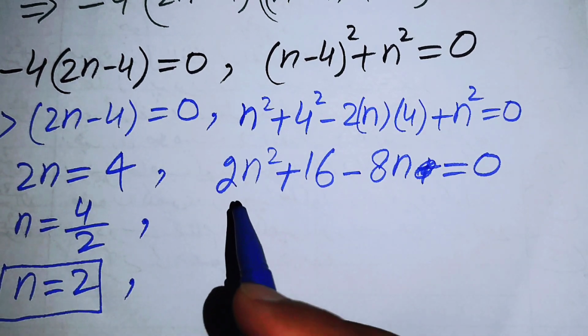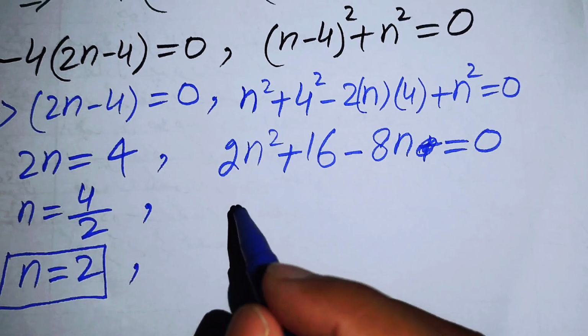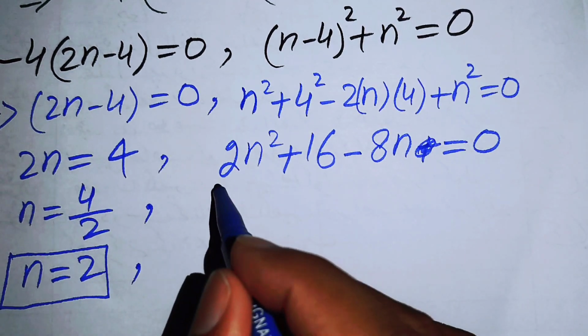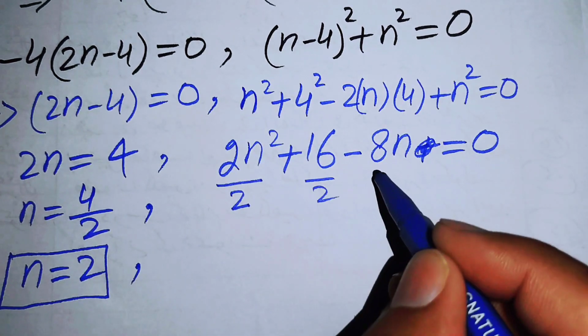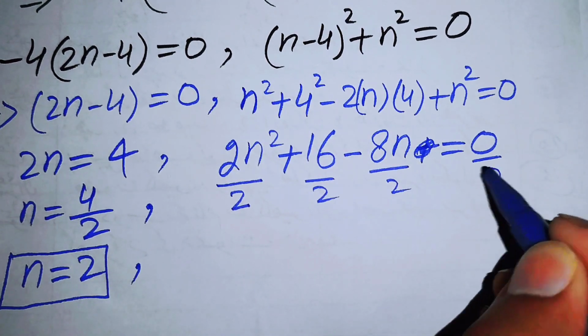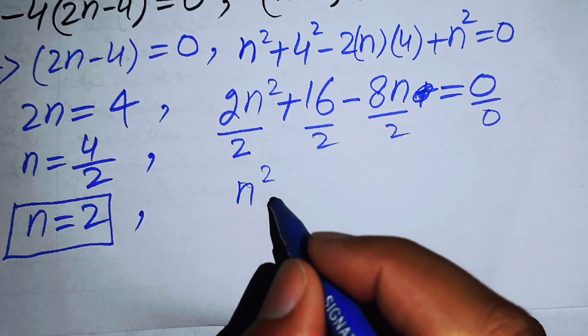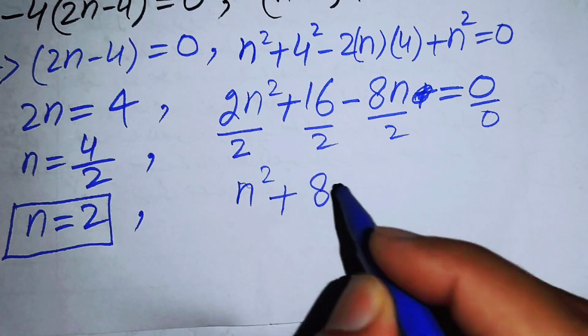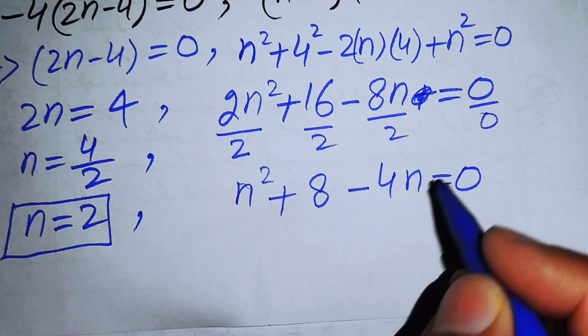Here you see that we have the common term 2, so we will divide both sides by 2, so that you have 2 divided by 2 of each of the terms, and you get n squared plus 8 minus 4n is equal to 0.